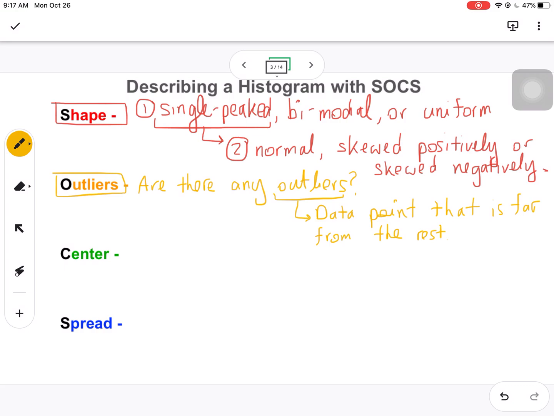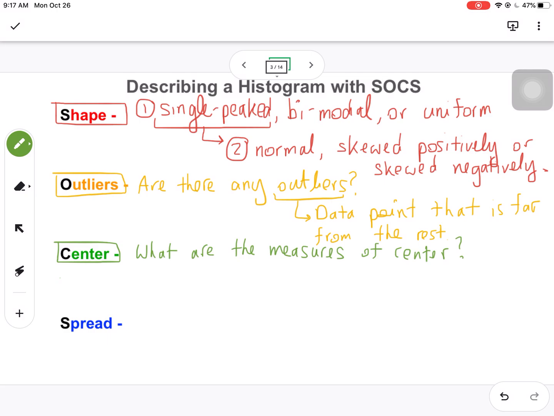Okay, measures of center. So next, after your outliers, is center. What are the measures of center? So normally for this, we think about the mean, median, and mode. But remember with histograms, we don't have exact numbers.